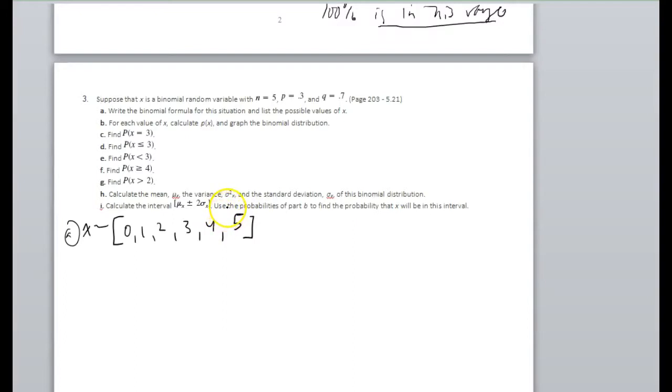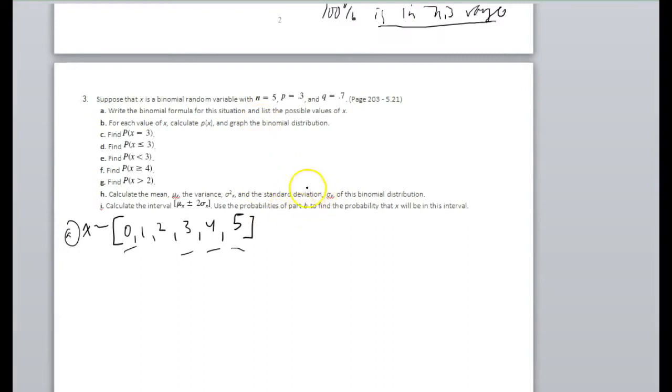We have 0.3 probability of success in any one of the trials. So you could get all of the trials as a success, that would be 5. All except 1, that would be 4. All except 2, that would be 3, and so on. Or no successes, all failures, which would be 0. So those are the possible x values.